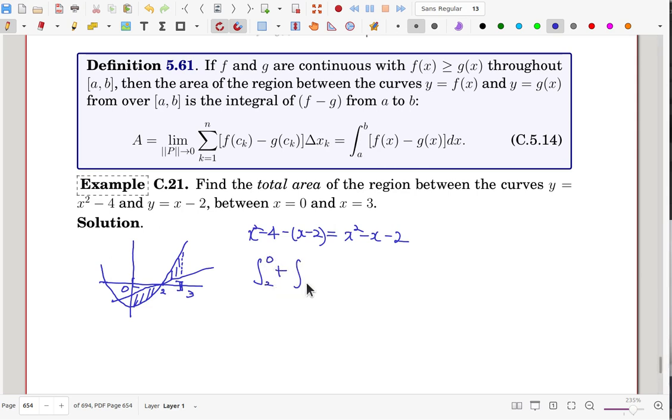And from 2 to 3, the integrand is x squared minus x minus 2 dx. So this is the total area, and that is 1/3 x cubed minus 1/2 x squared minus 2x. We evaluate from 0 to 3 positively, and from 2 to 2 negatively. You can simplify and finish the computation yourself.